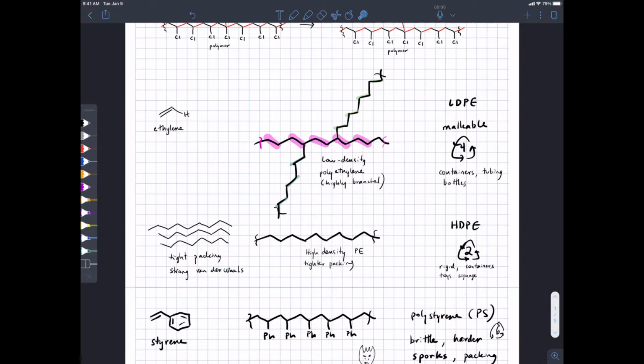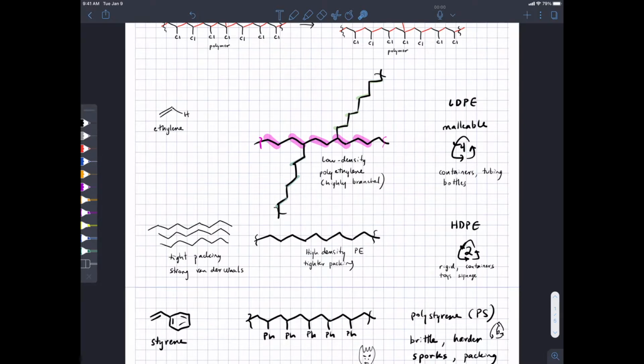This is much more rigid and is used in toys and signs, containers that need to be stronger. The reason the high-density polyethylene is stronger than the low-density is because the extended chain allows individual polyethylene chains to pack against each other more tightly.